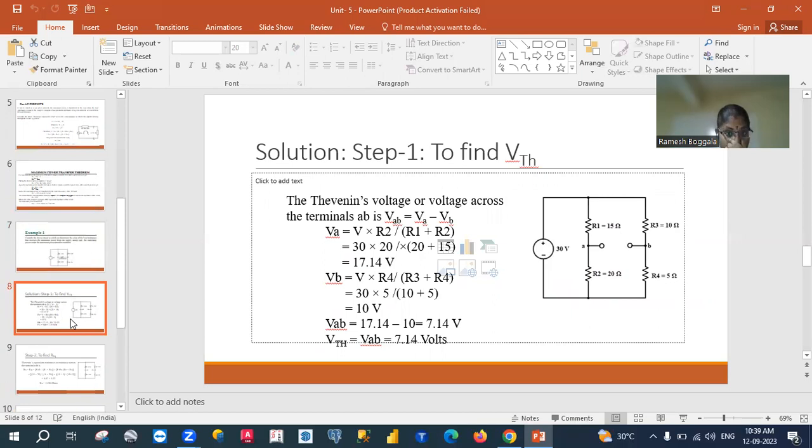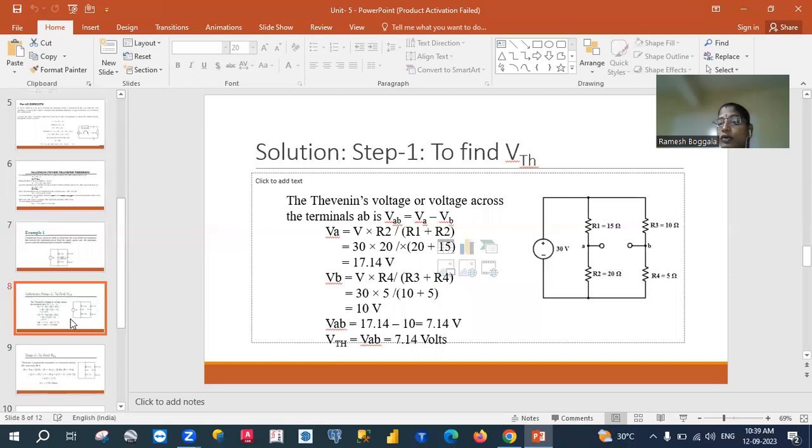So find out the maximum power. First, find the Thevenin voltage VTH. First find VA, the voltage across the R2 resistance, and VB, the voltage across the R4 resistance. VA is equal to the total voltage times R2 divided by R1 plus R2.